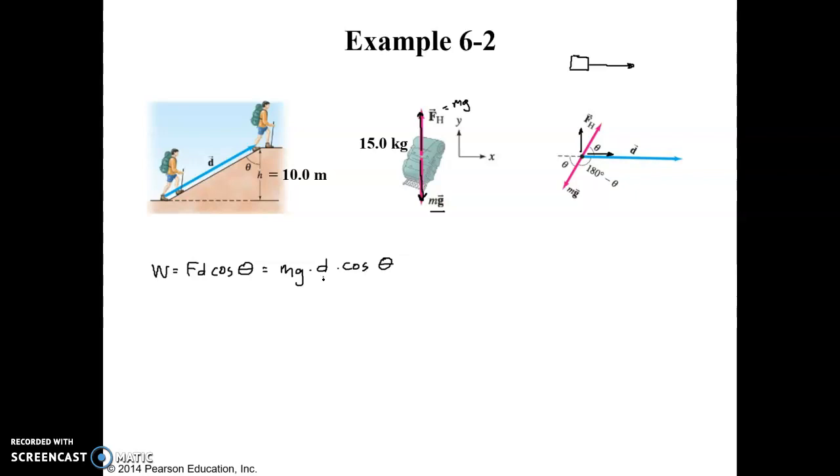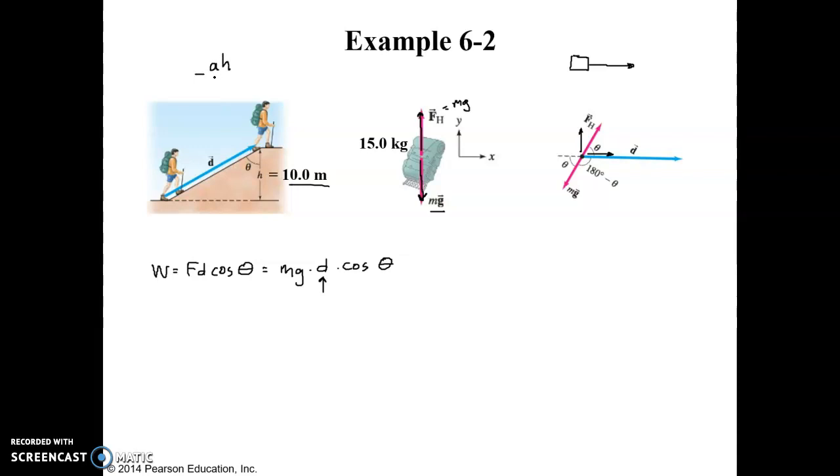Now, what is the distance along this inclined slope that he is traveling? If we look at our right triangle trigonometry, we are given in the problem statement that the height is 10 meters. So what is the hypotenuse length here then? If we know this angle, this is the hypotenuse and this is adjacent. So we have adjacent and hypotenuse.